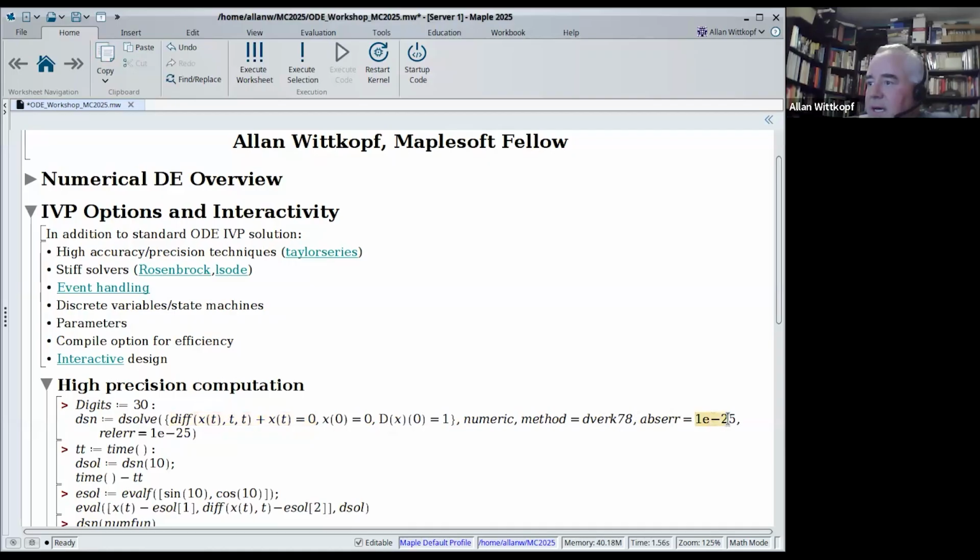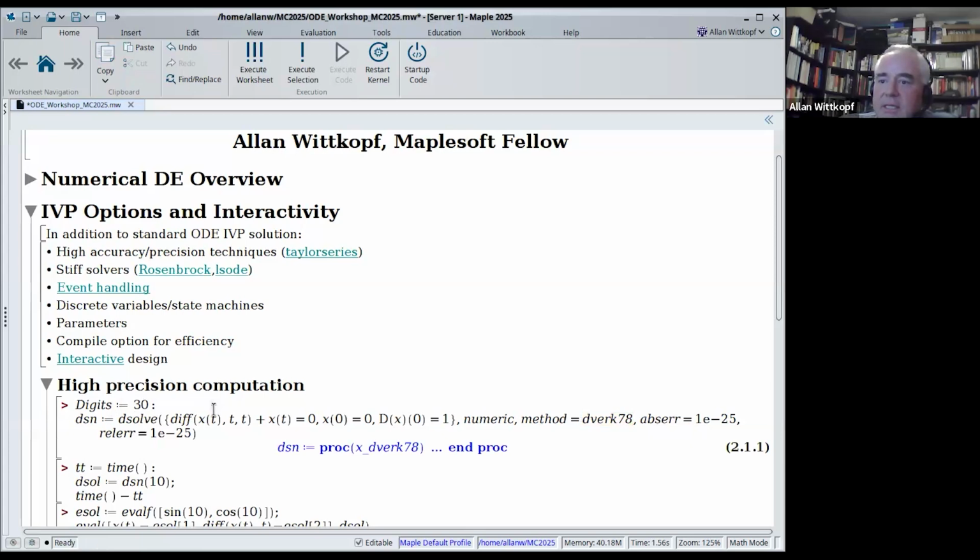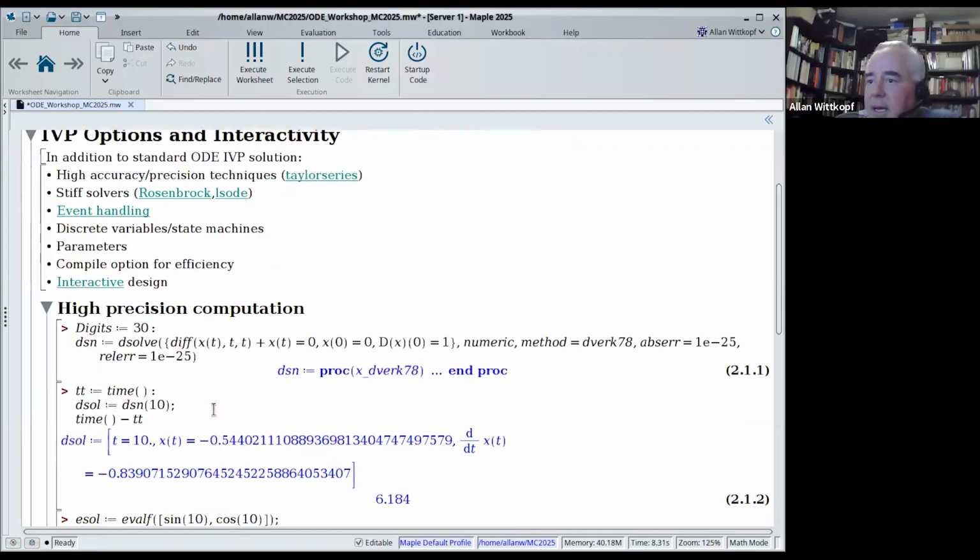And I'm going to specify that I want an absolute error and relative error of no more than 1e minus 25, and I'm going to try and use a high order RK pair, Dverk 7/8. So we're going to see how long it takes to compute this out to 10 with roughly about 25 digits of precision. And it's not fast, even for an order 7/8 pair.